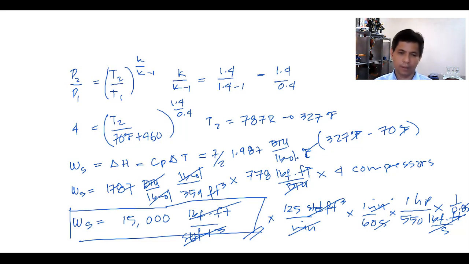So, all in all, 15,000 times 125 divided by 60 times 550 times 0.85. You're supposed to get 67 horsepower. So we have a horsepower is equal to 67 horsepower.